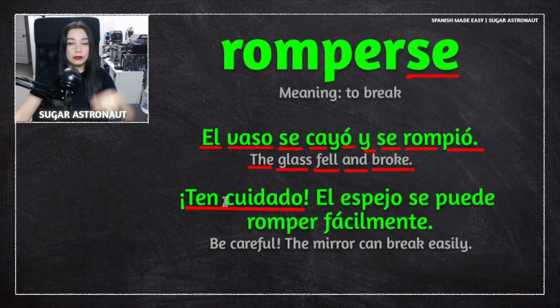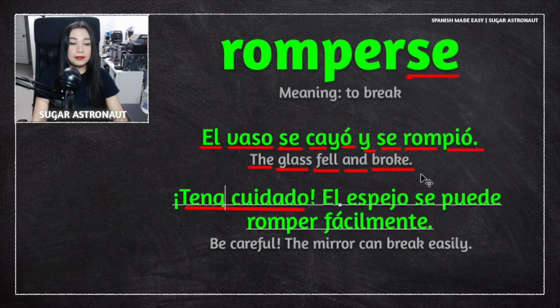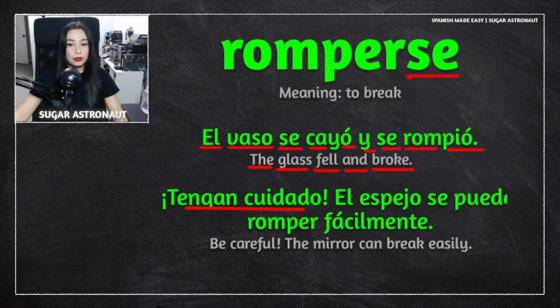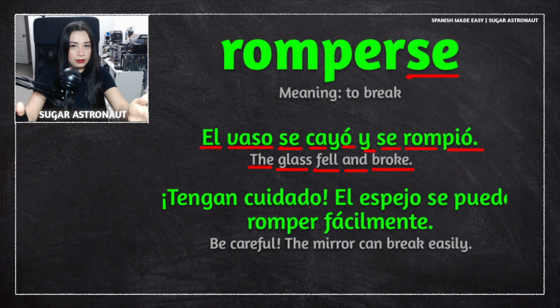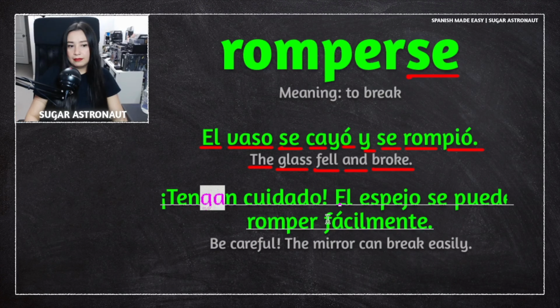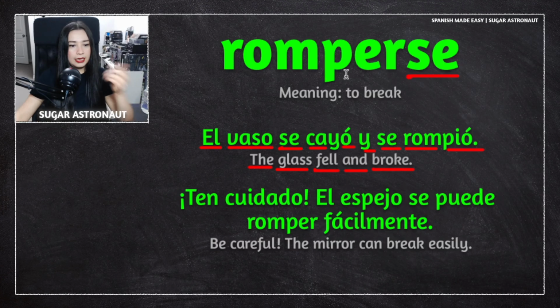If you're saying this to a group of people, then you have to change ten to tengan. Tengan cuidado. This means be careful. Same meaning, but you're saying this to a group of people. So keep that in mind. In this case, we just have it for one person.